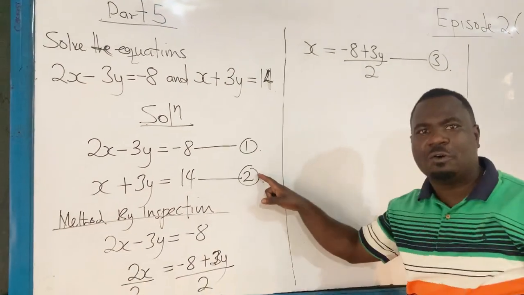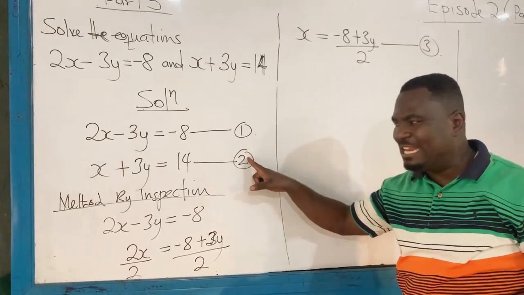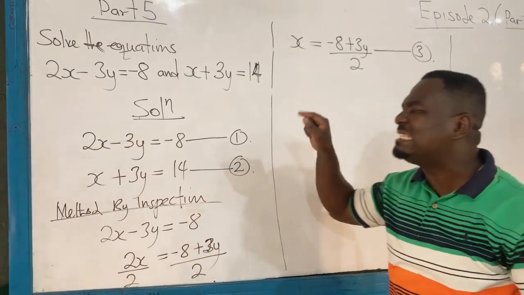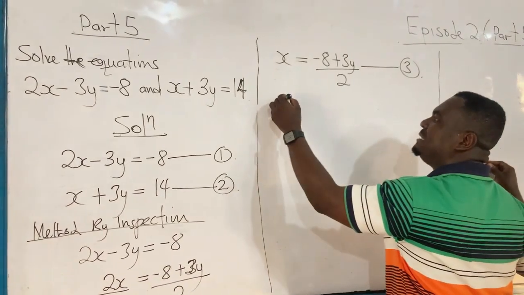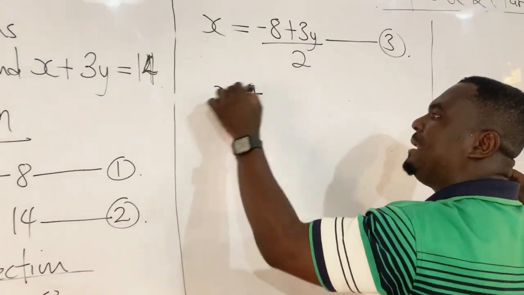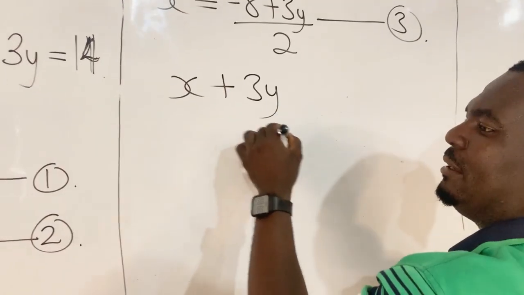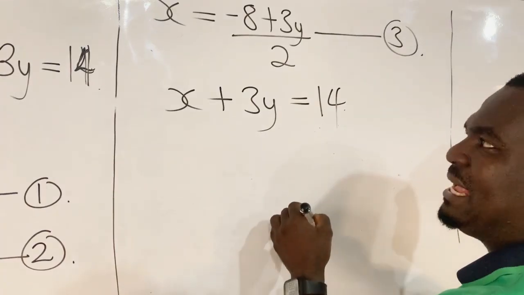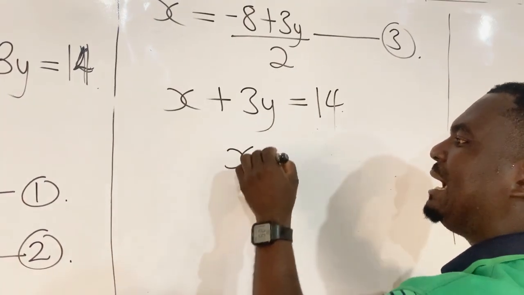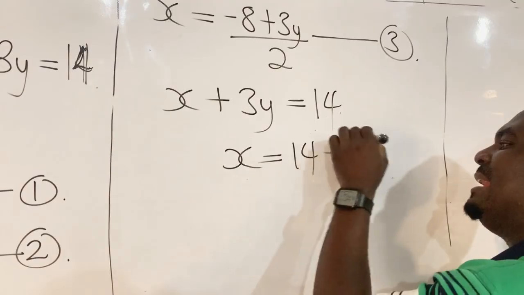Then you pick your equation 2, the second equation, and you try to make x the subject as well. I'm going to do that: x plus 3y equal to 14. I'm making x the subject, so x is equal to 14 minus 3y.